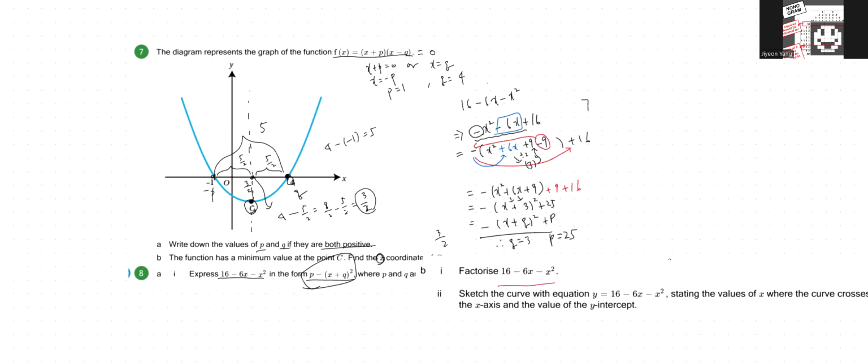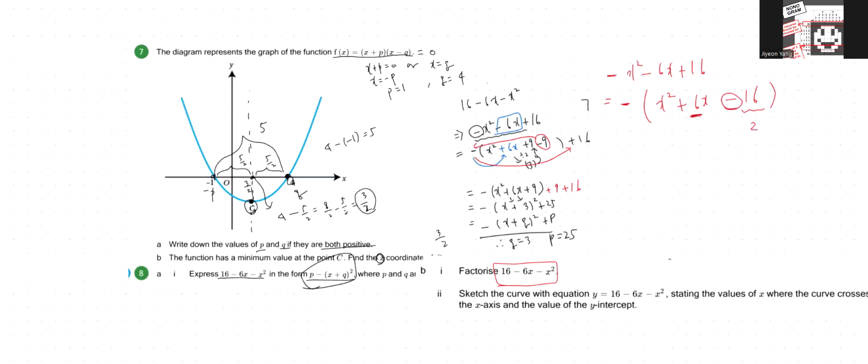Okay, let's factorize this one. So negative x squared minus 6x plus 16, always write down in descending order. Then put negative here, x squared plus 6x minus 16. Then find the two numbers which multiply to make 16. There should be one positive, one negative, whose difference is 6, which is 2 and 8.